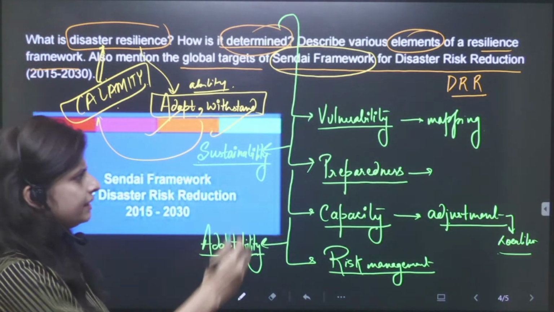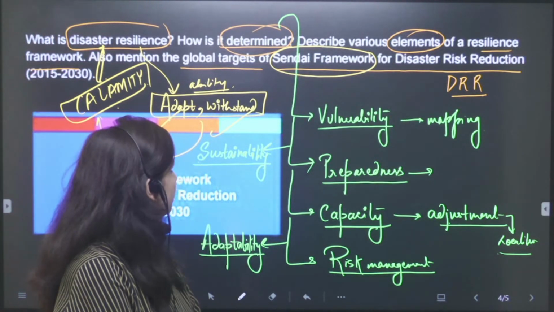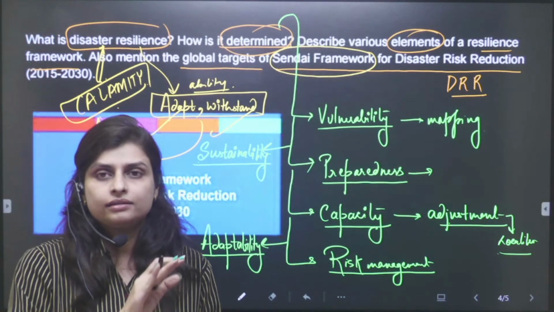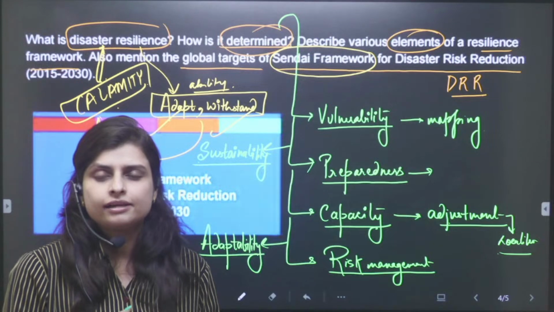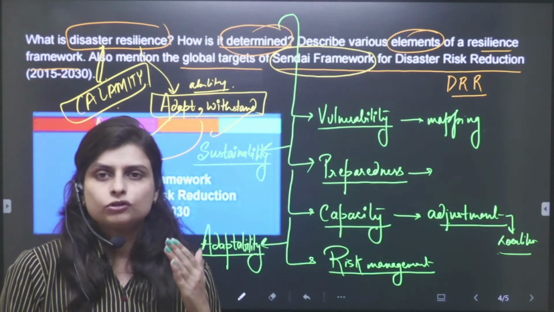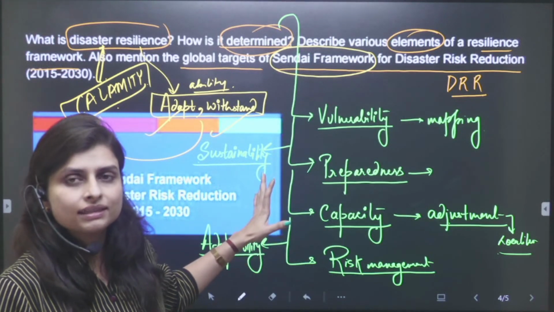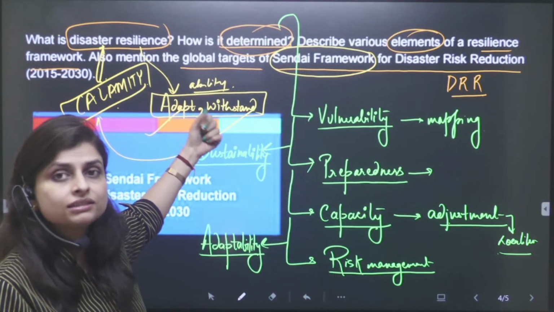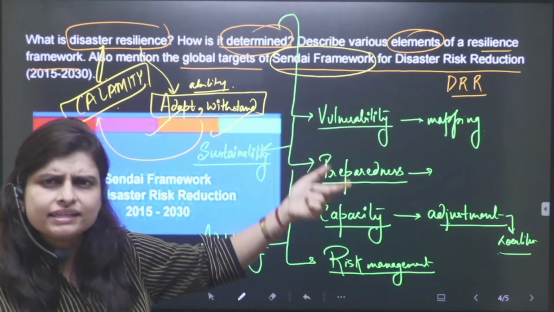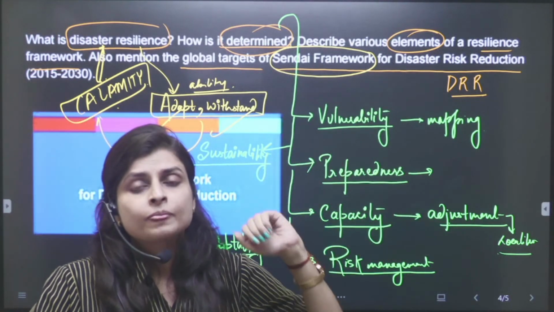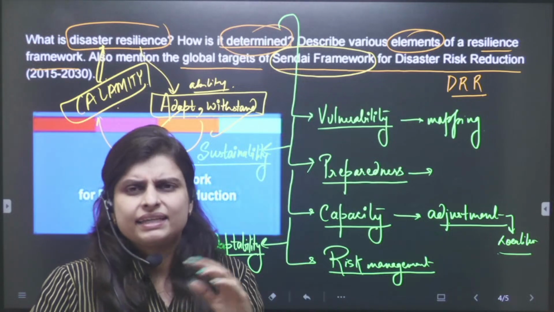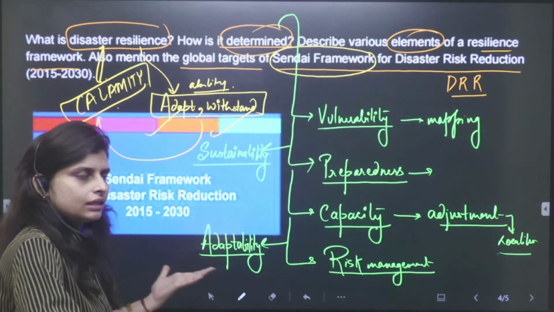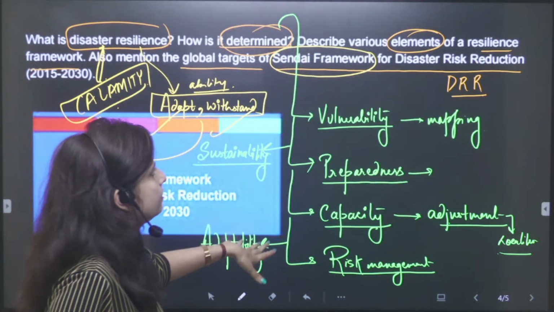Now this could be written in detail with respect to how it is determined: the area, our own self, how the management and the authorities are able to deal with that disaster. So our preparedness for the disaster means how disaster resilient we are. If any day there is any landslide, flood, or any kind of disaster we encounter, are we determined to handle it?